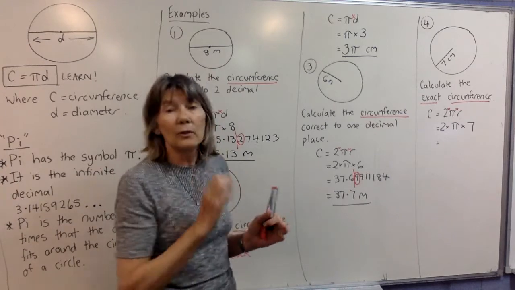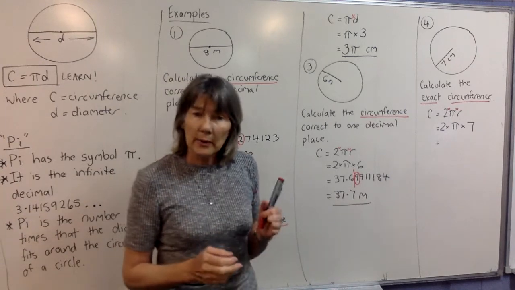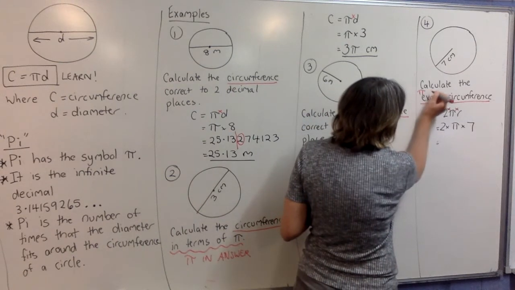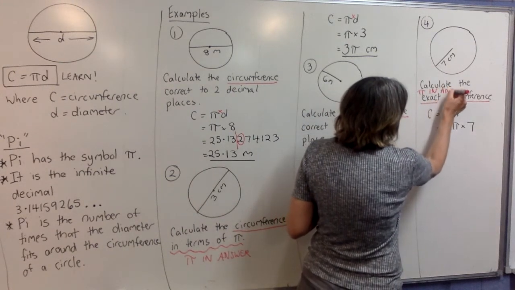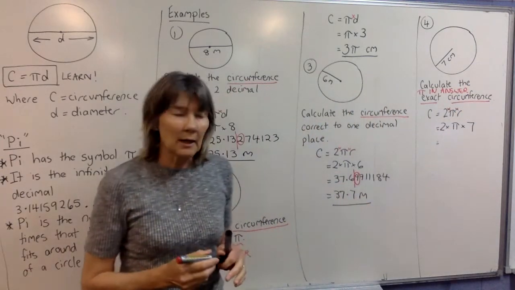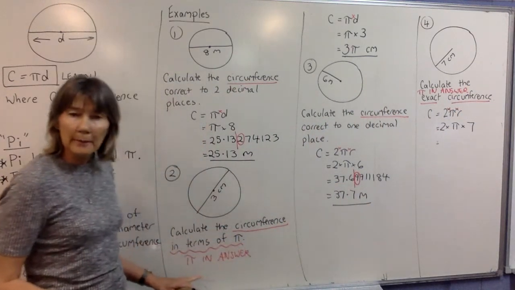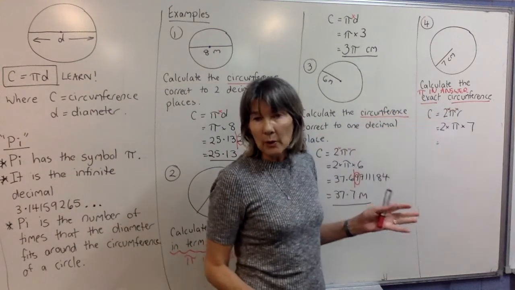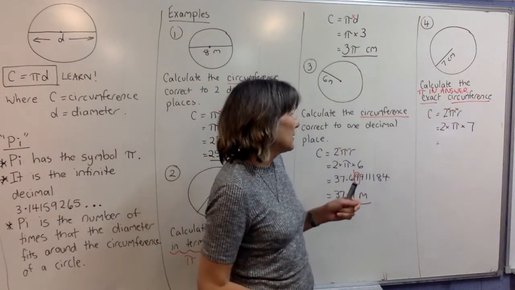So that's never going to give you an exact answer. So when they use the word exact, it means they want pi in the answer. So it's a different way of asking the same question. They can say in terms of pi, or they can say exact. Both of them mean they want pi in the answer.